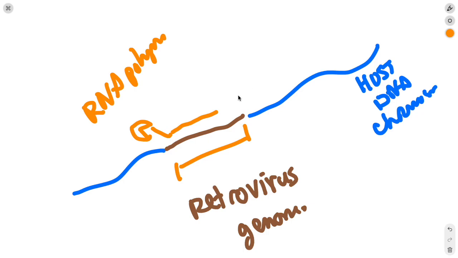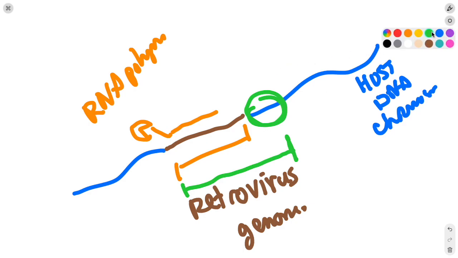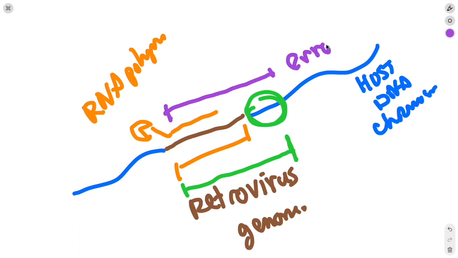But it's sloppy, and sometimes by error, it starts here, and it copies out and includes part of the host DNA. And so there we get this incorrect RNA that's this long, and it's an error, but it gets packaged and it goes on to infect other cells.